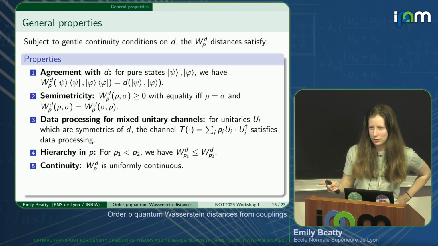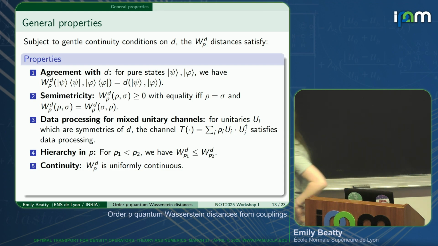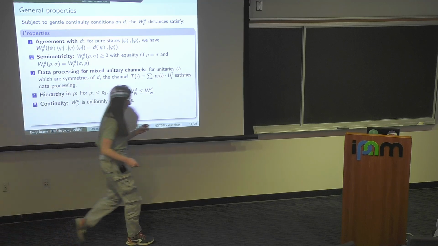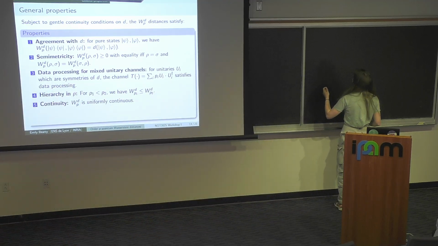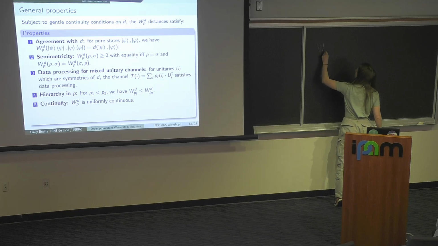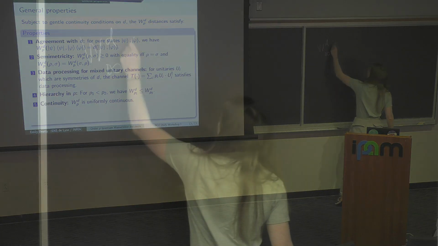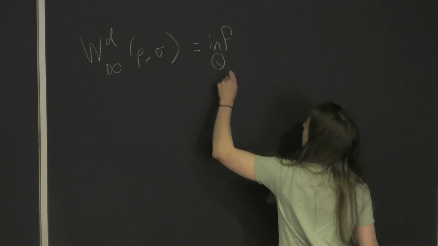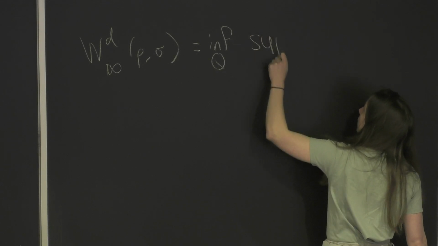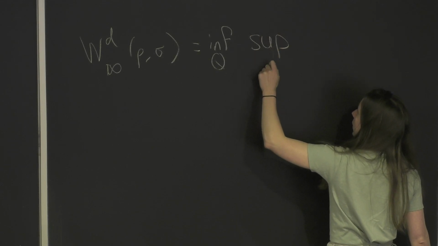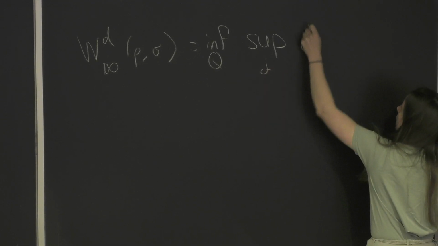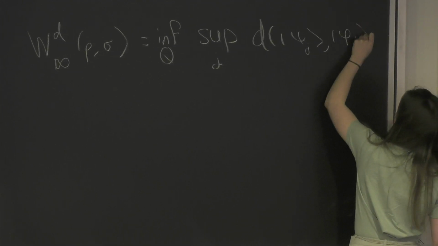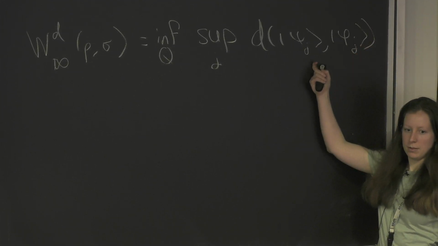I haven't given you the definition of the Wasserstein distance of order infinity, but it's what you would expect: you just take the infimum over all transport plans of the supremum over the elements of your plan of the distance between them. Very much as you would expect.